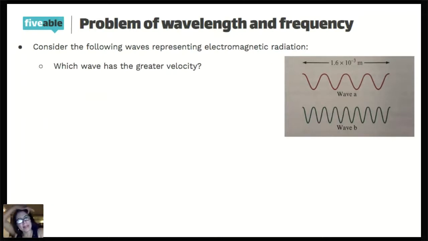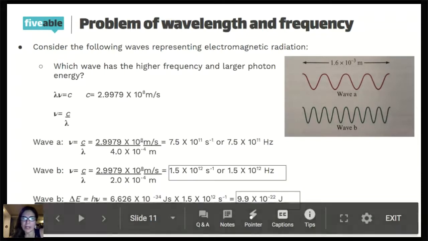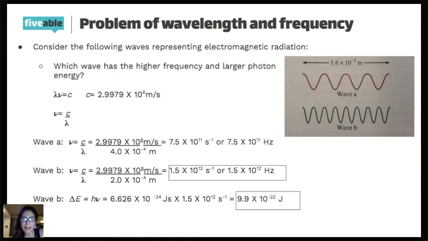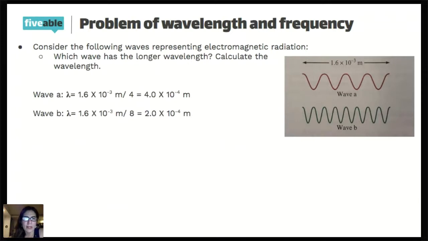Then they're asking us which wave has the greater velocity. Do you have a clue which one has the greater velocity? Sure, Joel. In this slide, we were calculating which wave... Well, the problem started this way. They're asking us which wave has the longer wavelength.